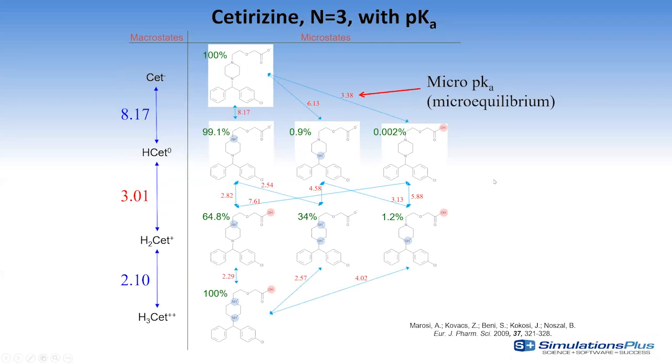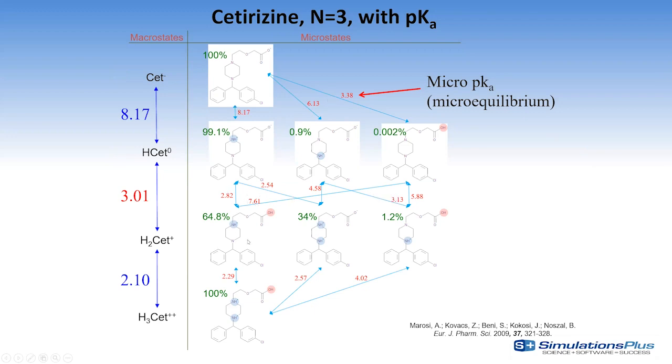Here's a more detailed picture. All the microscopic transitions have their own microscopic pKa, a micro constant, which was also measured by these authors, and they are depicted right here in the picture.